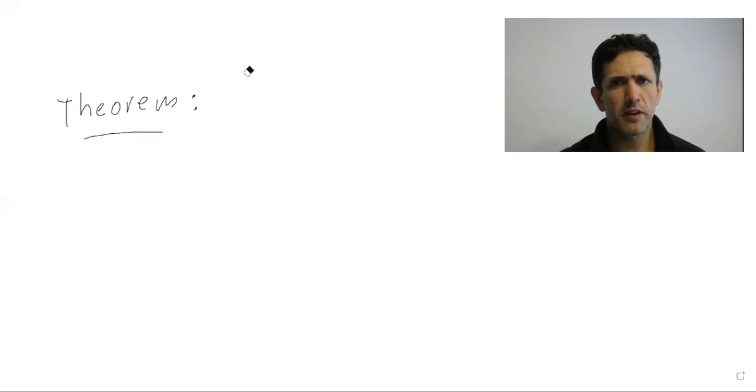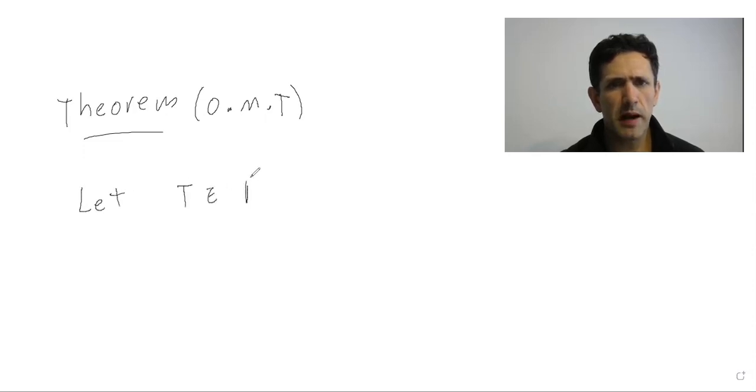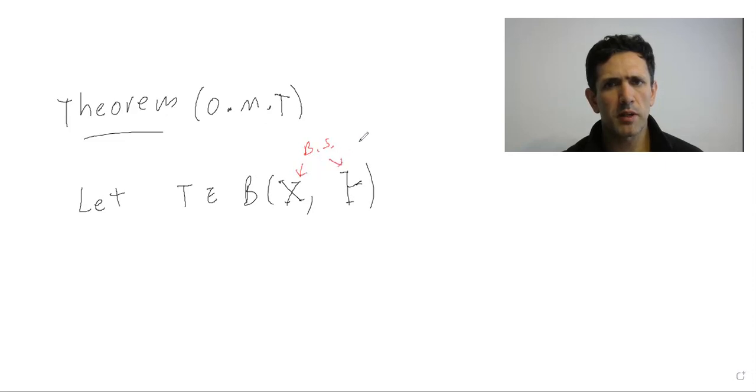So just abbreviate this OMT. Okay, so let's say T is a bounded linear map from one Banach space to another. So both of these have to be Banach spaces.